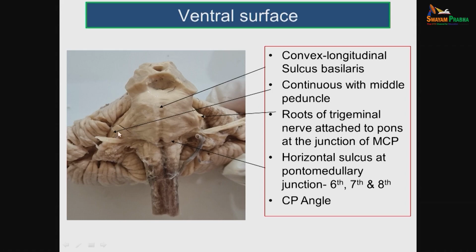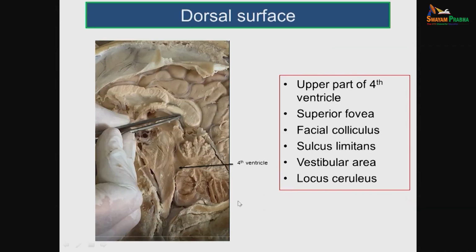A lot of cranial nerves are attached here, and the cerebellum, pons, medulla and the cerebellar peduncle are there. So, any tumor pressing at this area is of great clinical importance, as it produces CP angle syndrome. So, this is the ventral surface. Now, let us see what is there in the dorsal surface.